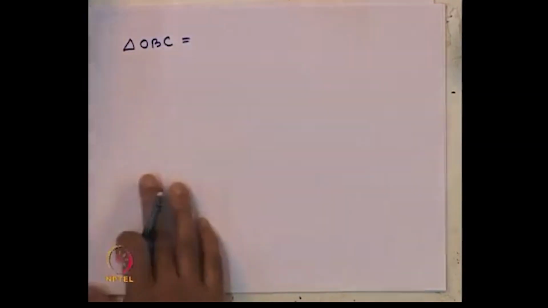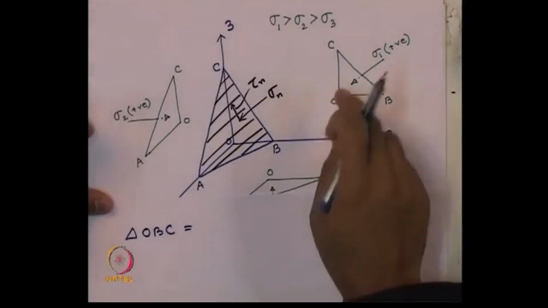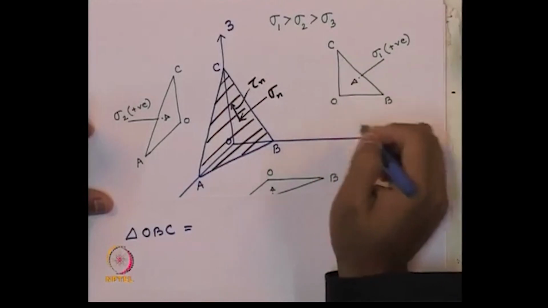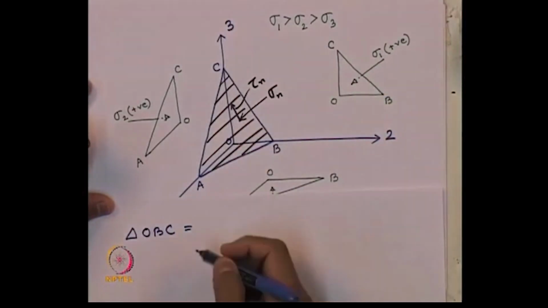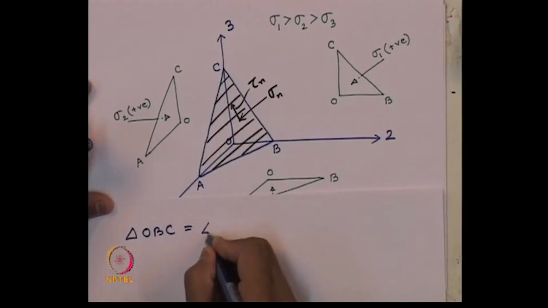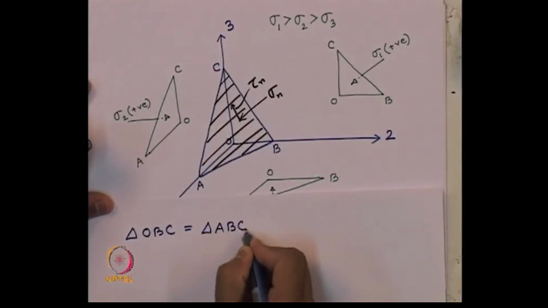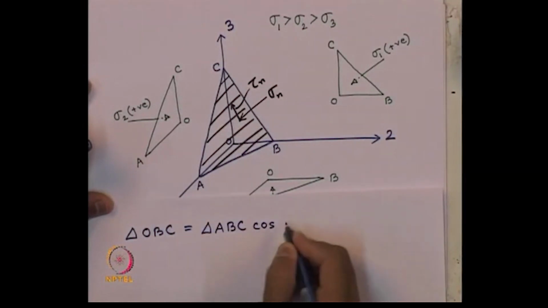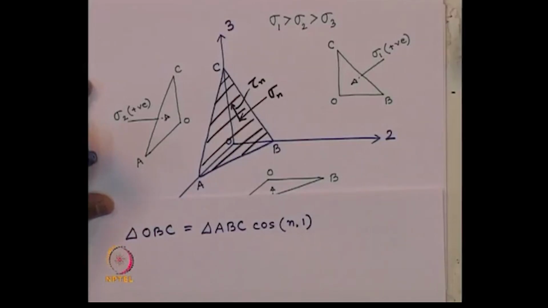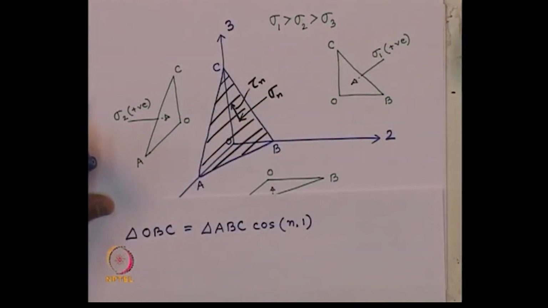So, what we can write from this, we can write down the triangle OBC. Let us keep the figure here, so it will be easy for us to follow. This triangle OBC, this area of the triangle is nothing but how much? We can express it as this inclined plane area ABC times cosine of n1, because n1 is the angle between this nth plane with respect to axis 1.